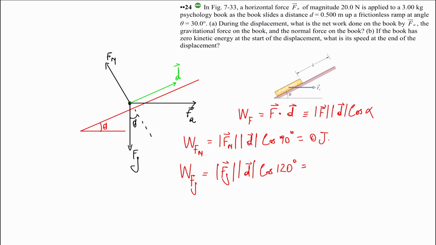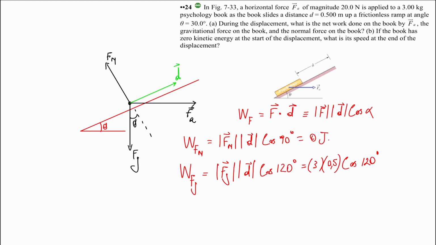So this is going to be 3 kilograms times g times 0.5 for the displacement times cosine of 120. You're welcome to calculate the actual number that comes out of this, but I will not get into it just for the sake of time.